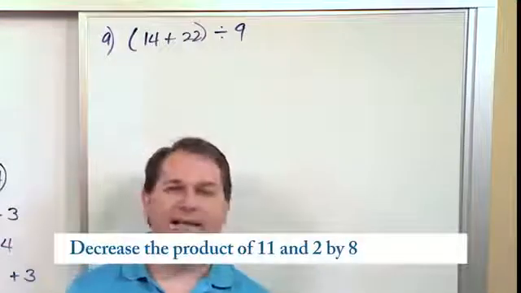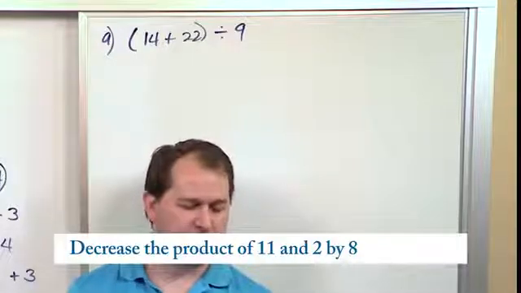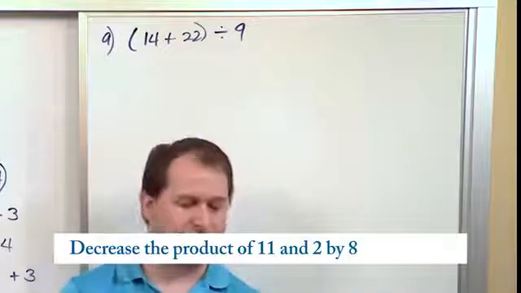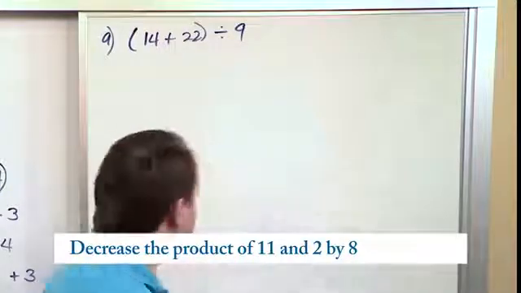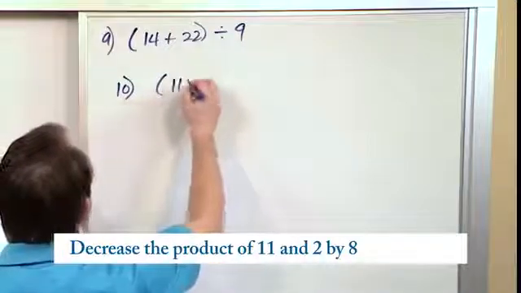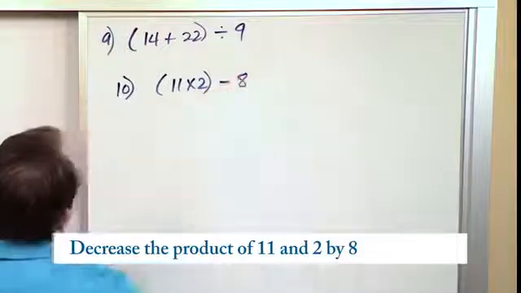All right, the last one is we're decreasing the product of 11 and 2 by 8. So the word product means multiplication, and we're decreasing the product by 8. So what it's basically telling us here is we're having a product of 11 and 2, and then we're decreasing the product by 8. Right?